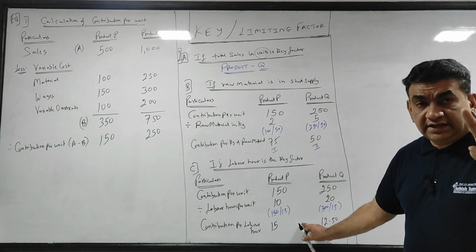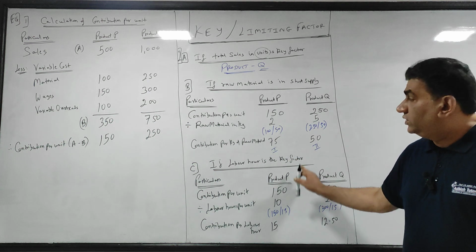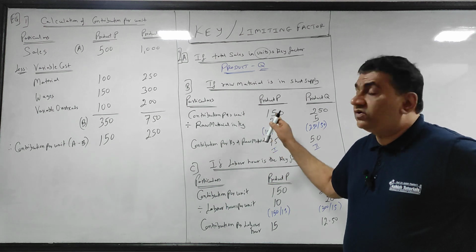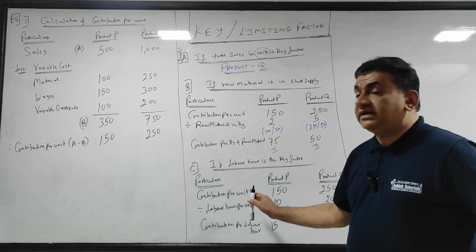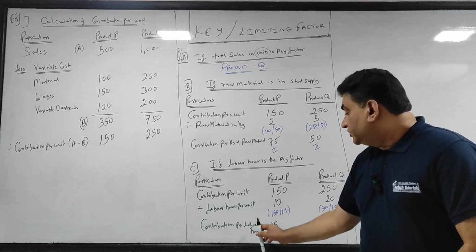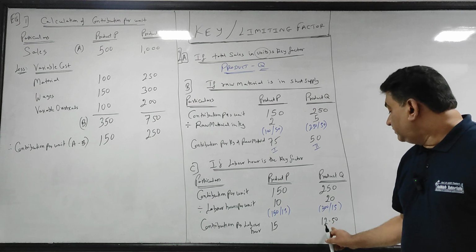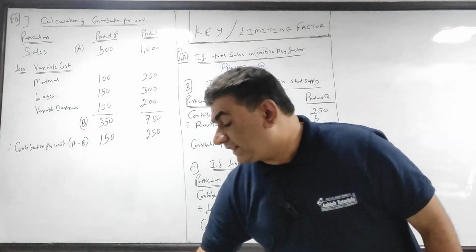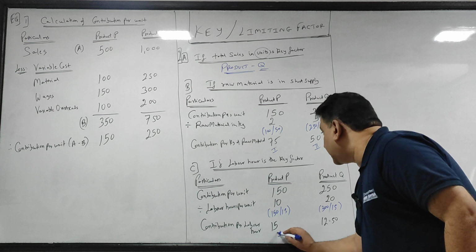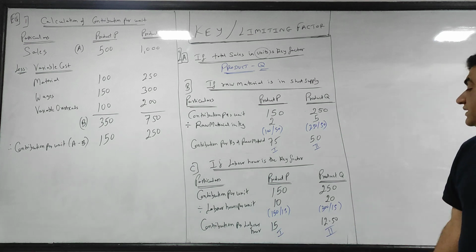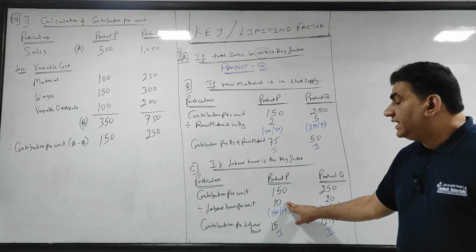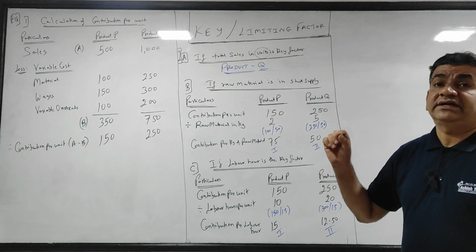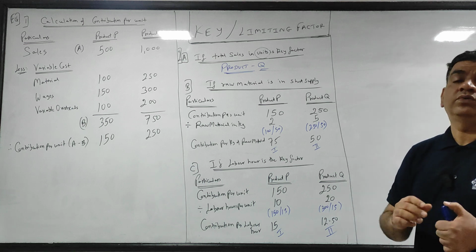Got it, guys? Whether material is in short supply or labor is in short supply, the base is contribution per unit. In the case of material, I divide by the raw material per kg, and in the case of labor, I divide by the labor hours per unit. So contribution per labor hour is 15 and 12.5, and here contribution per kg of material is 75 and 50. In case of labor, P is higher, so first preference to P and second to Q. Again the logic, see: here one unit takes 10 hours, here it takes 20, so this product is more efficient when it comes to labor.